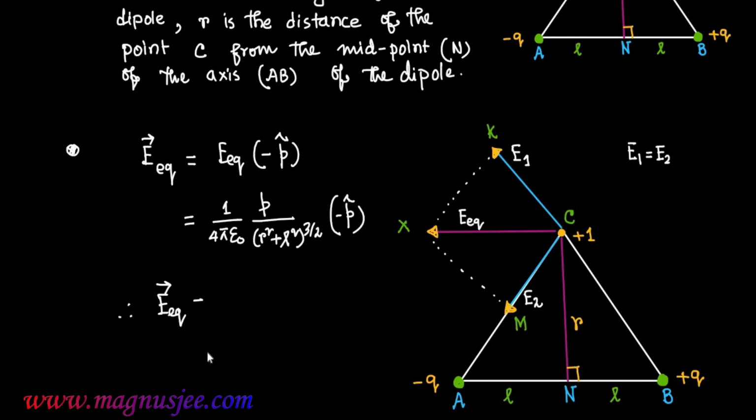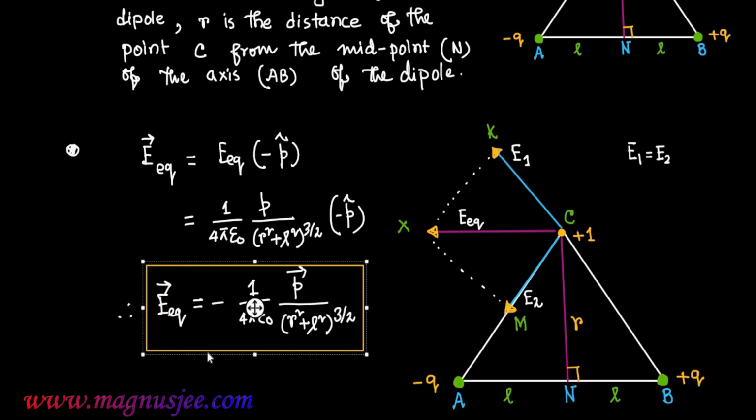Therefore, vector E_eq equals minus 1 by 4 pi epsilon 0, vector P divided by (r square plus L square) whole to the power 3 by 2. This is the vector expression of field intensity at a point on the equatorial line of a dipole.